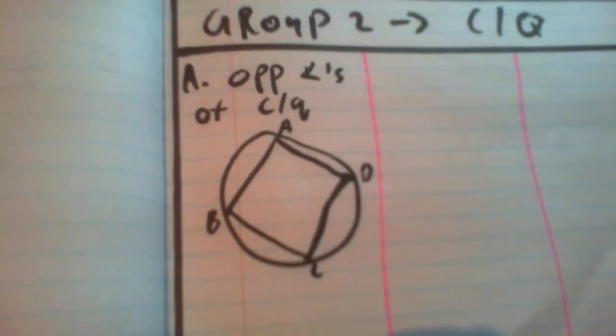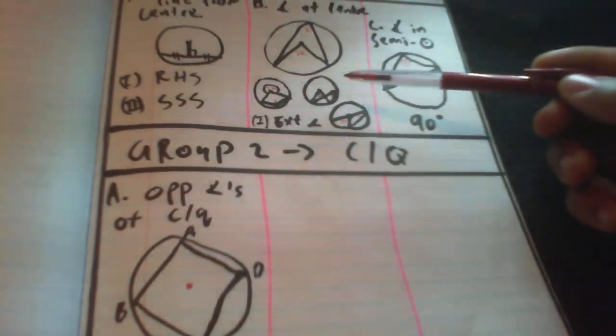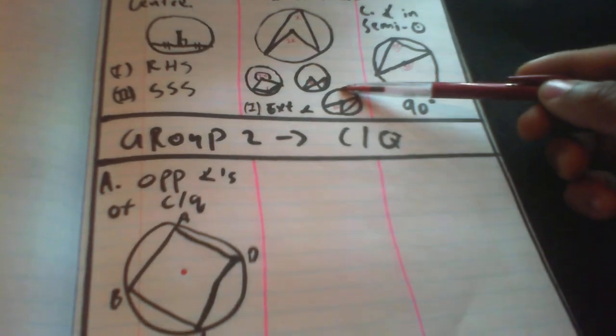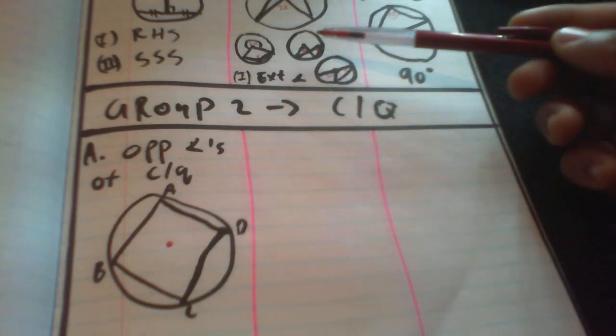Now, this one you are also required to prove. You'll use your center to prove this theorem, and you are also going to use the proof from the centers. Angle at the center is going to be used to prove this one.